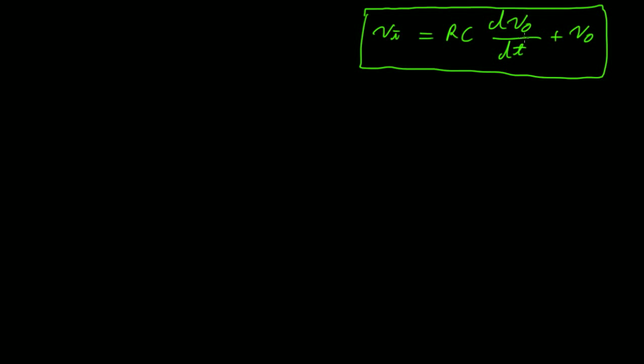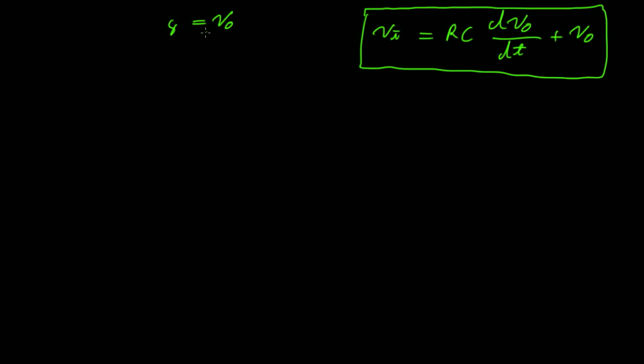The first thing I want to say real quick is that V0 is the function that we're solving for. So if I wanted to rewrite this, let me say y is equal to v0.